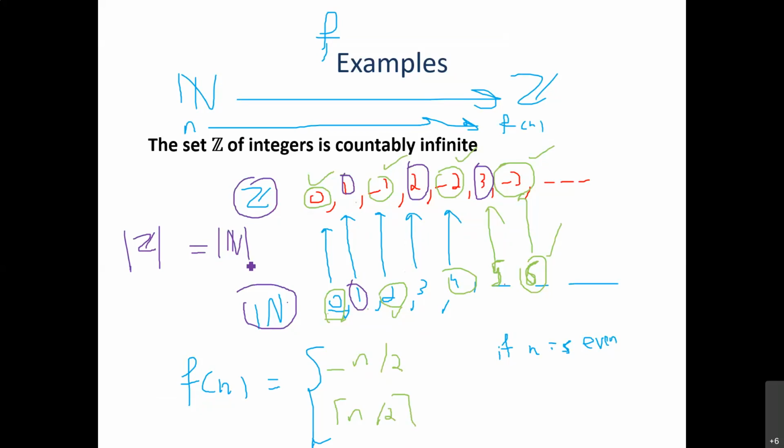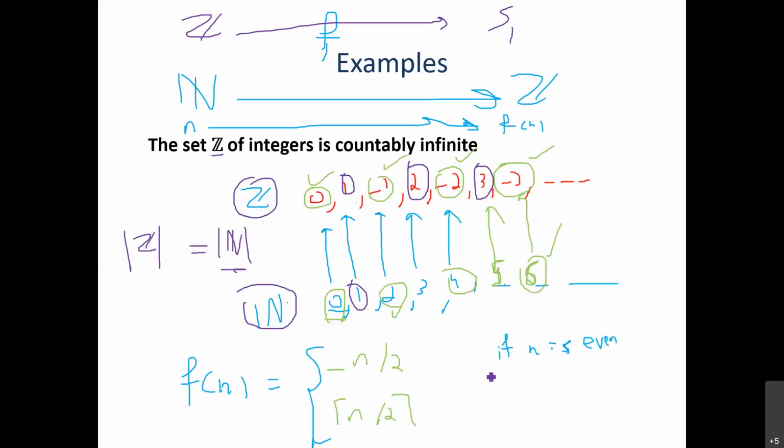Since they have the same size, the definition isn't bound to just the set n. Now that we know that the set of integers z is countably infinite, assuming the professor doesn't mind, you could now say, hey, z, if I can find a bijection to some set S1, then it's over. So that's countably infinite.